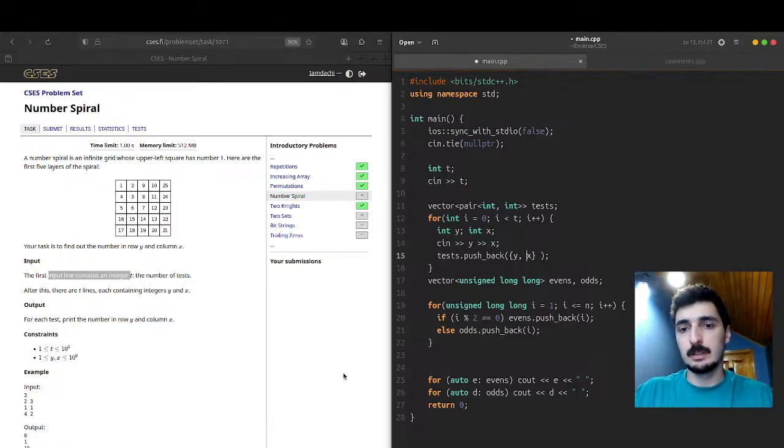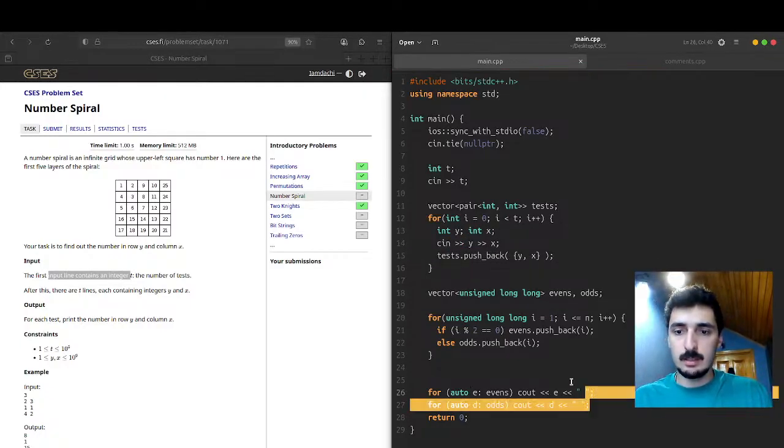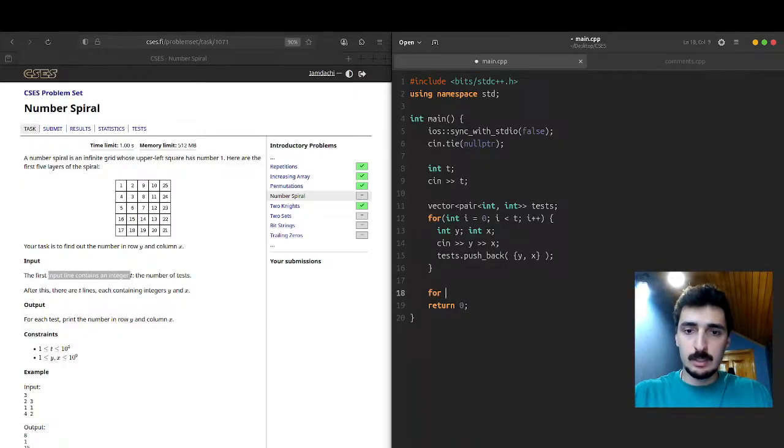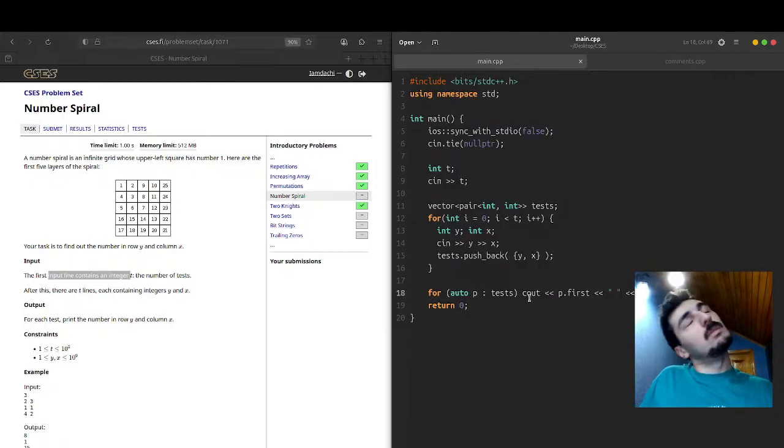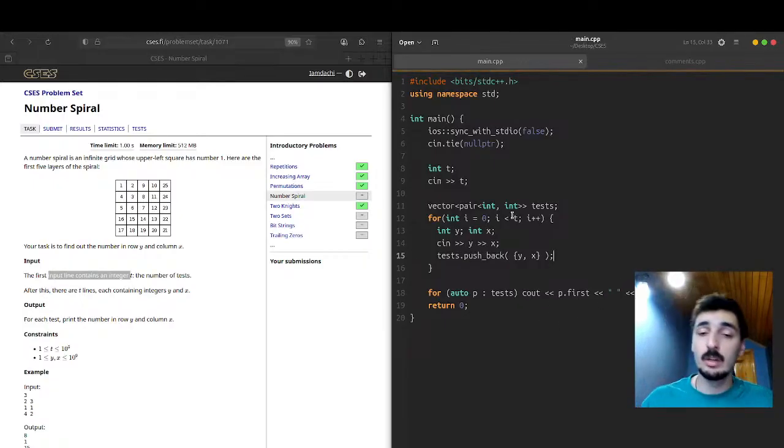So this is basically it. You do this many times, and that's probably it. Let's just prove that this is working.